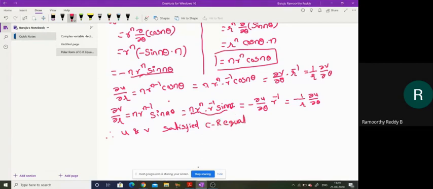Therefore we say that f(z) equal to z^n is analytic for all z, right? It is clear. So similarly you go with the many problems.